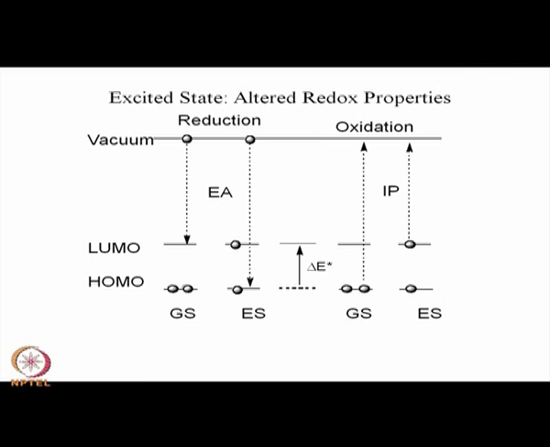If you consider a reaction which does not occur in the ground state, but you excite one of them appropriately, if you excite this pair, then you can find that the electron transfer or the redox process has taken place. So that's why it is very important.